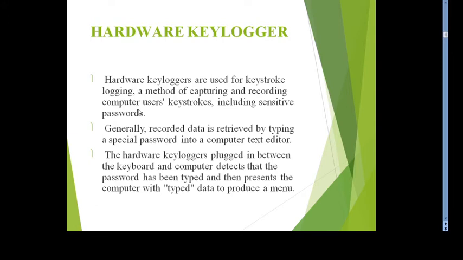Generally, recorded data is retrieved by typing a special password into a computer text editor. Hardware keyloggers plug in between the keyboard and computer, detect that the password has been typed, and then present the computer with typed data to produce a menu.